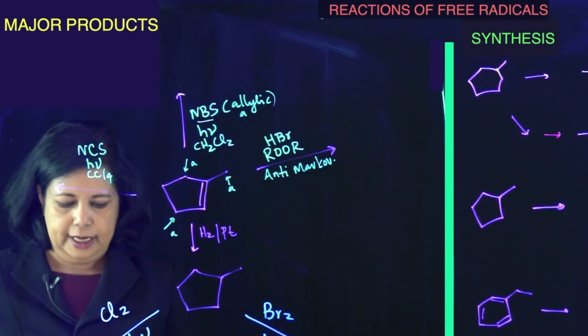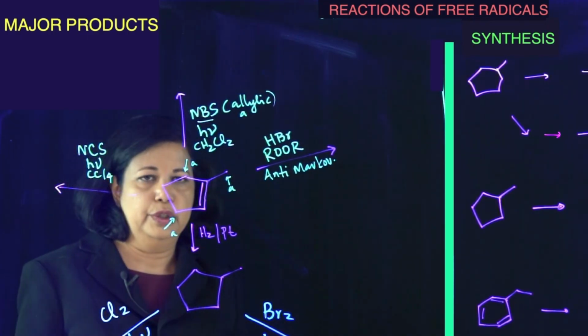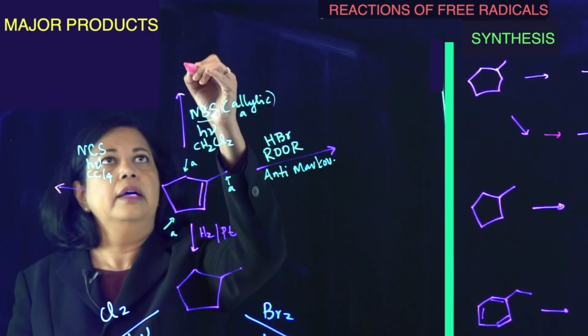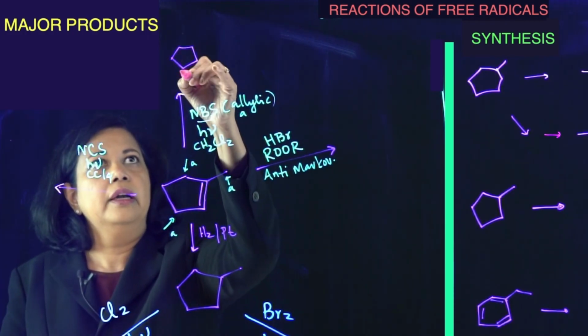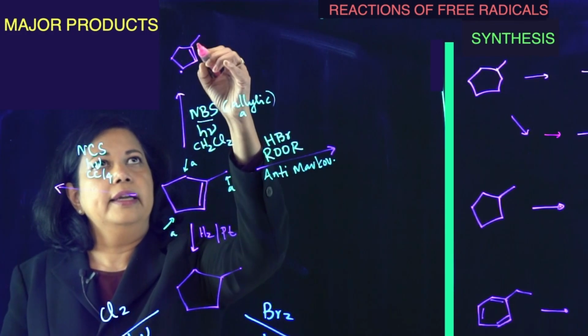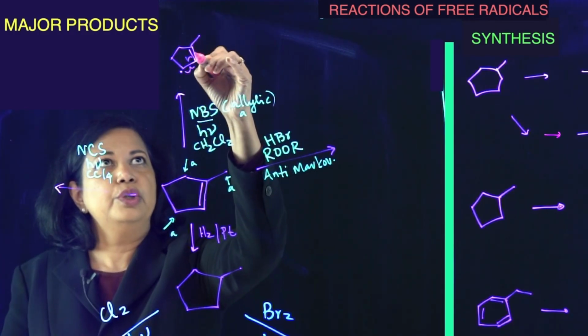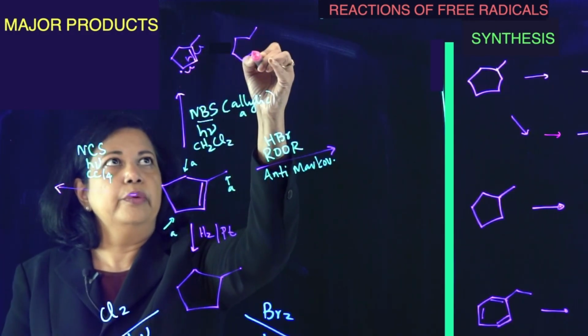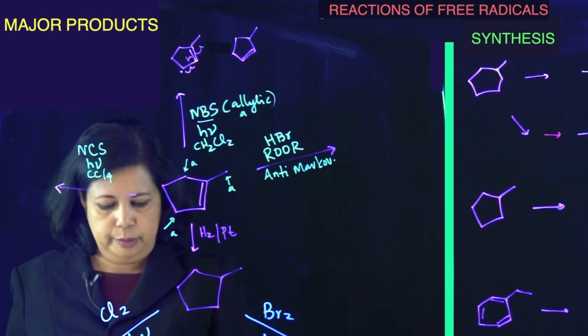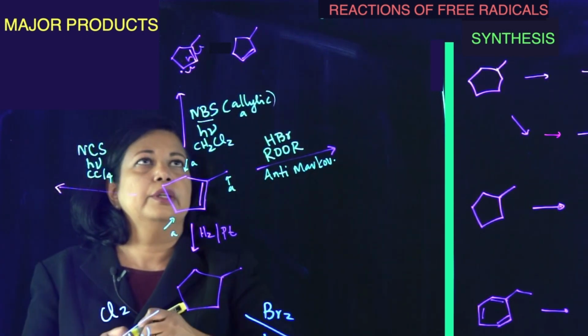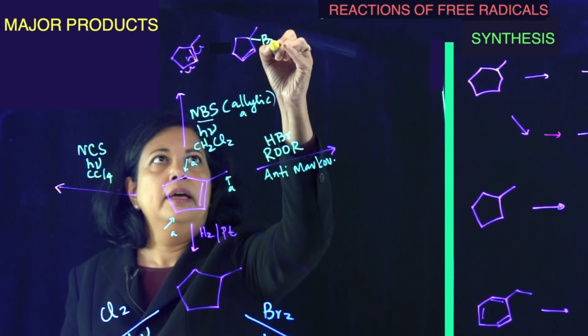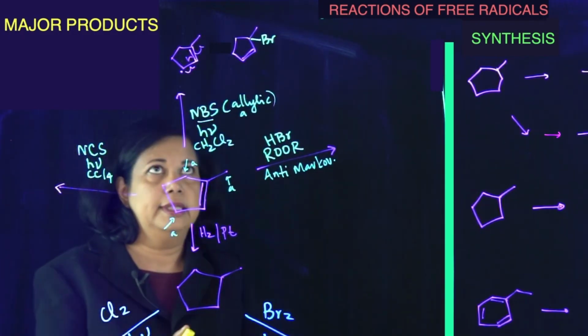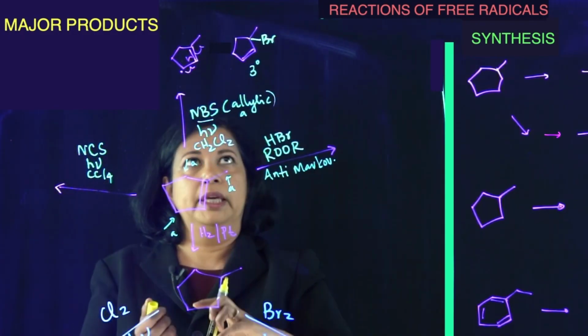So you can have the major product being a tertiary. Let's do a radical here, and then put your bromine right there. So you do get bromination, and it's going to be here. Since that's a tertiary, that might be a major product.